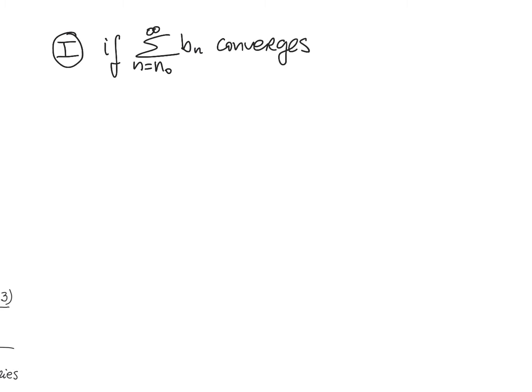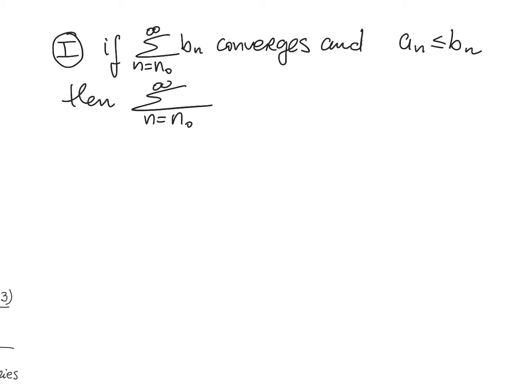And here's the first part, called the convergence part of comparison test. If the b sub n series converges, and the nth term of the a sub n series, namely a sub n, is always below or equal to b sub n, then the a sub n series must also converge.